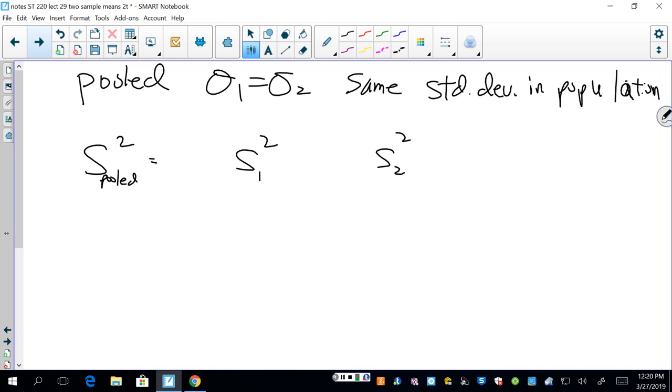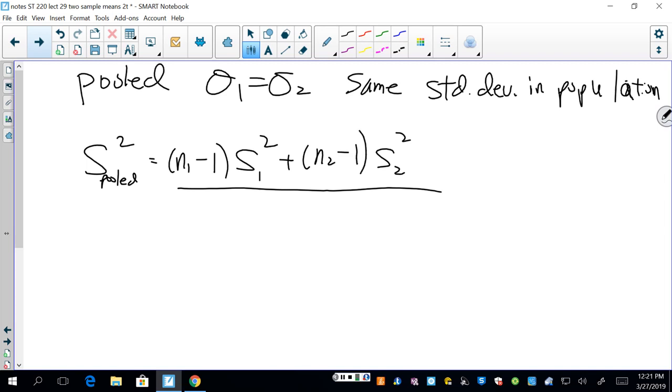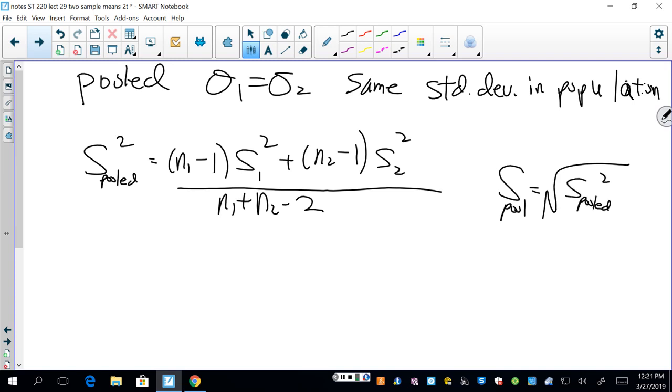Sample sizes might be unequal, so we weight by the degrees of freedom: n1 minus 1 plus n2 minus 1 times that one, and n1 plus n2 minus 2 in the bottom. We get a pooled average of those, and this s pooled is the square root of this thing, and we'll use that as the standard deviation.